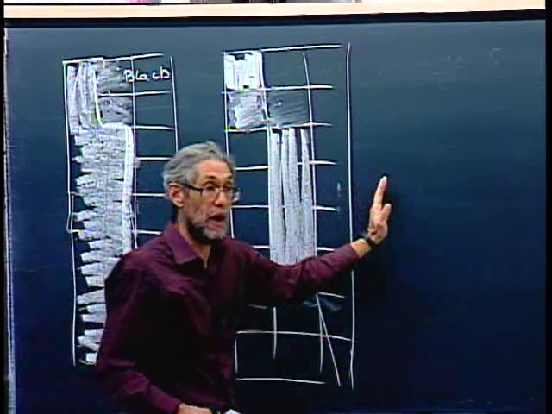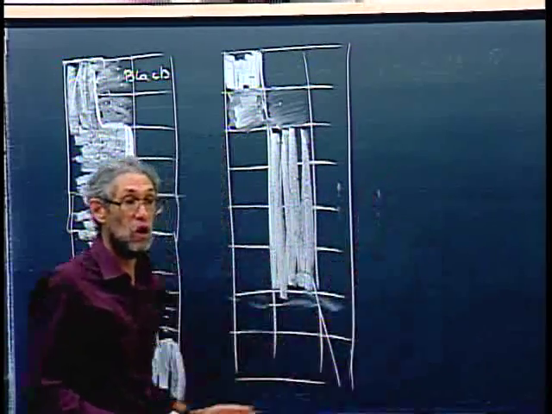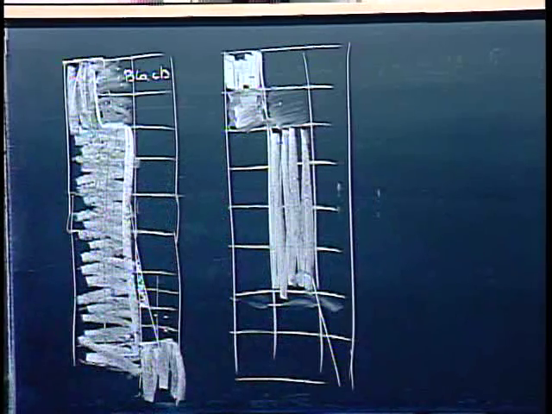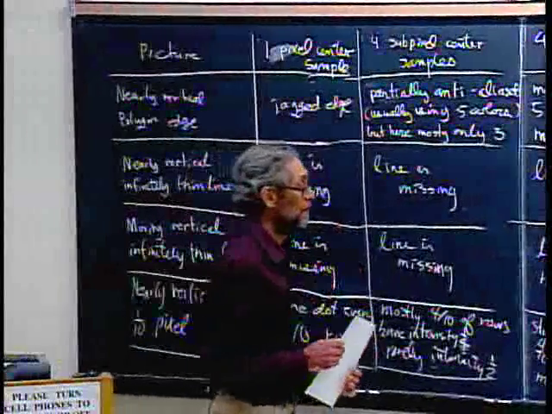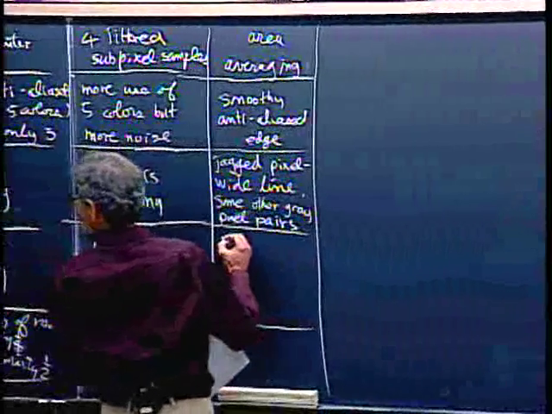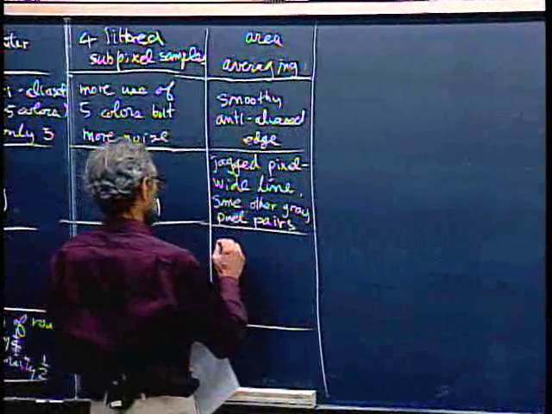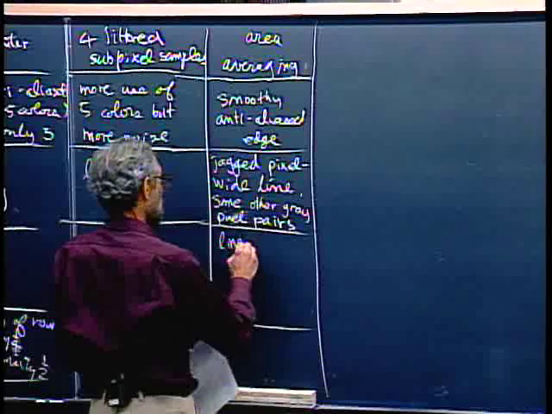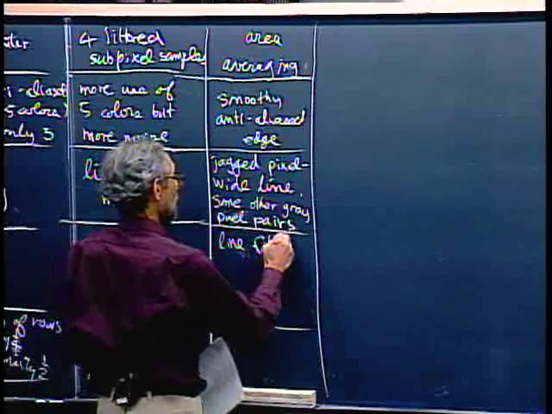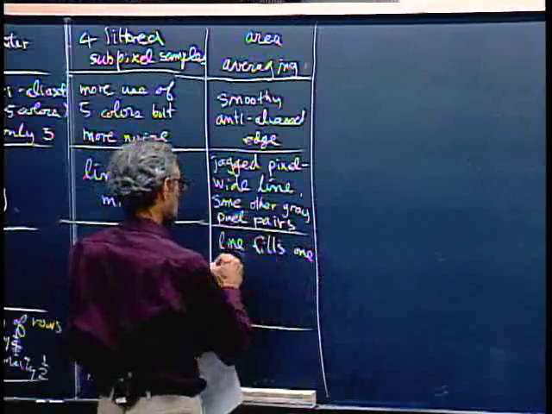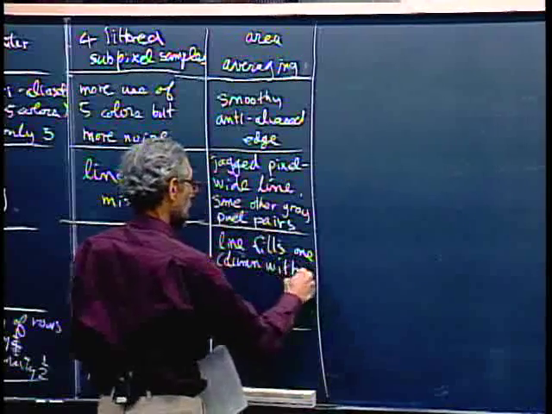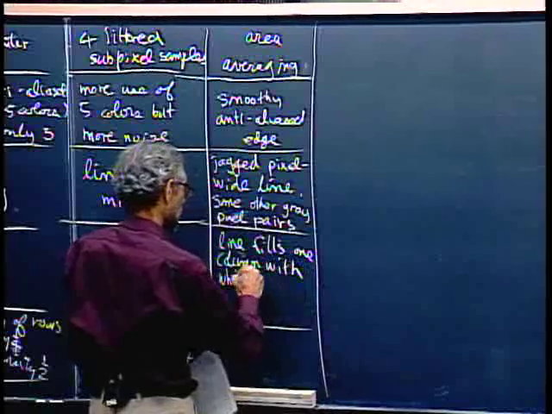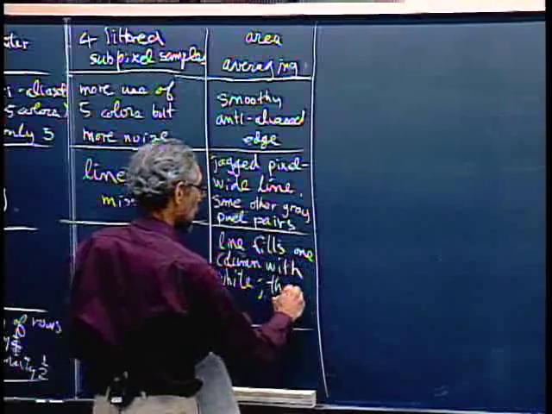And then suddenly jump to the next. So it's sort of doing to that line what this thing was doing to my vertical polygon edge. So let's see, line jumps. Fills one column with white, and that column jumps.